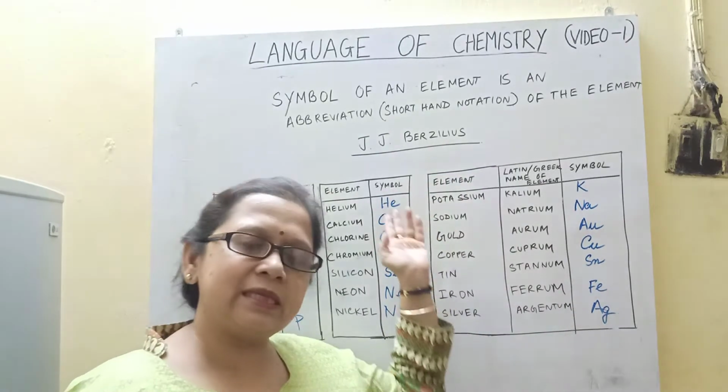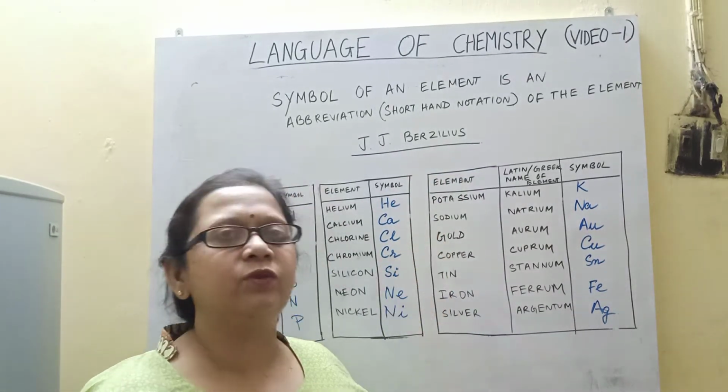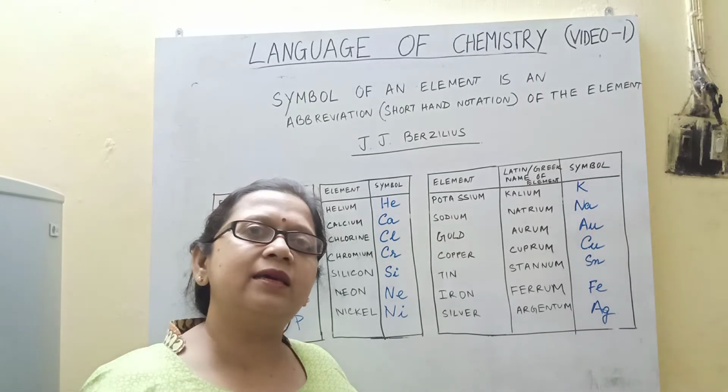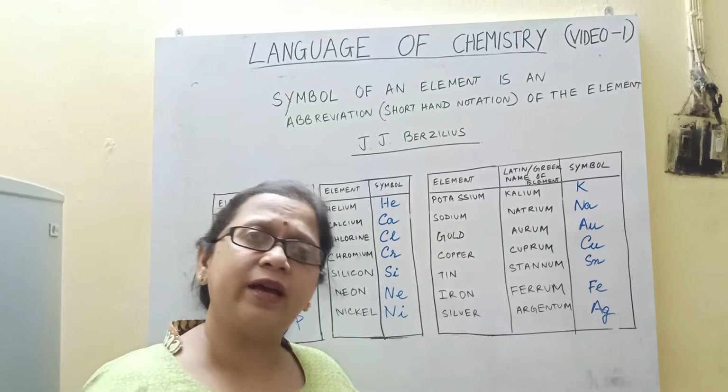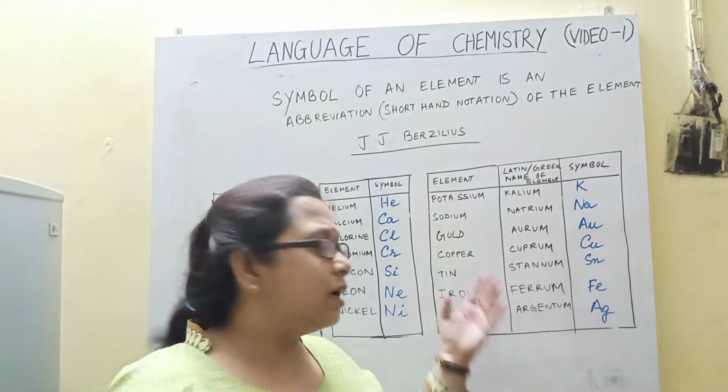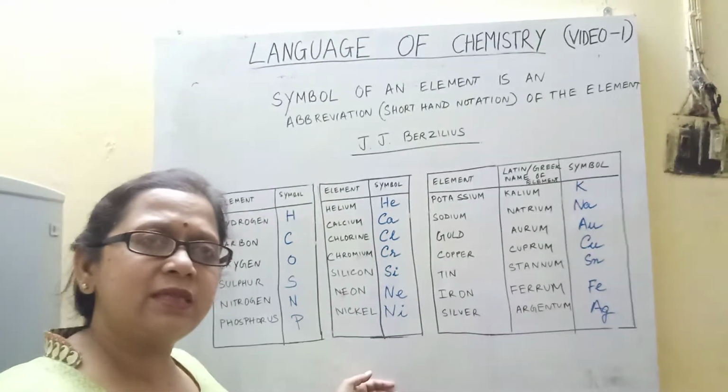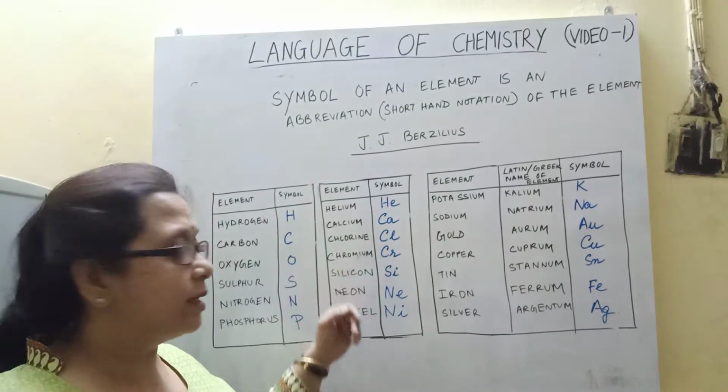Before Berzelius, there were other ways of representing elements, like pictures such as a circle or a triangle. But nowadays, we represent them from the name of the element.